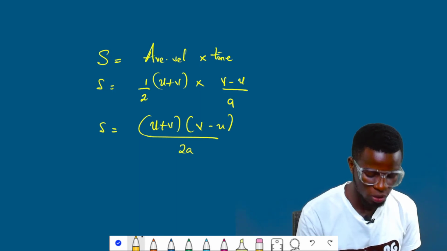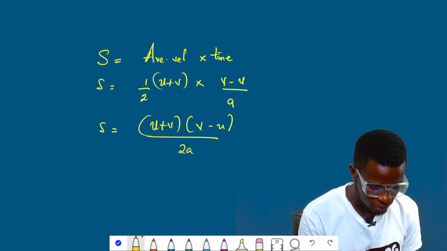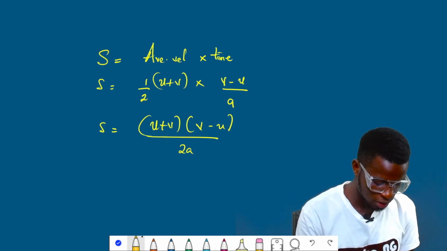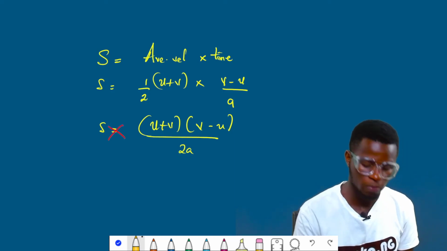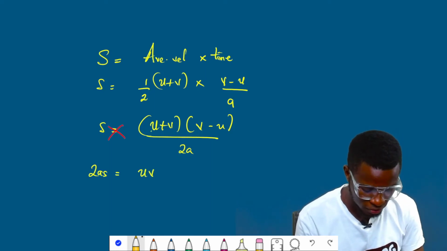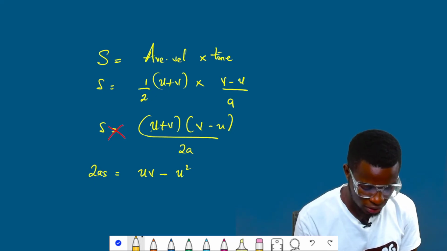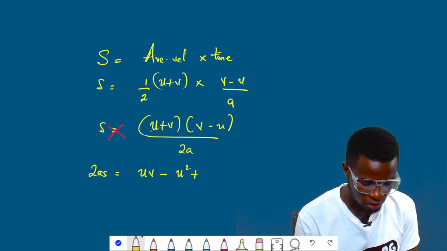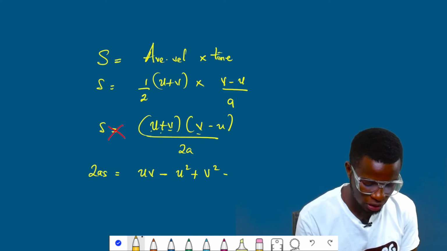Opening the bracket and cross multiplying, we'll have that 2as is equal to uv, minus u squared, plus v squared, minus uv, because plus times minus gives minus.